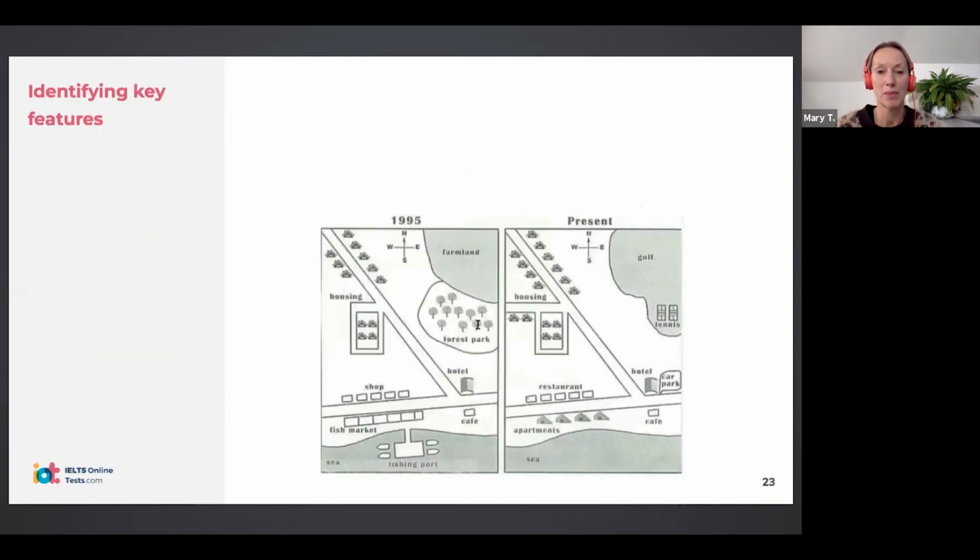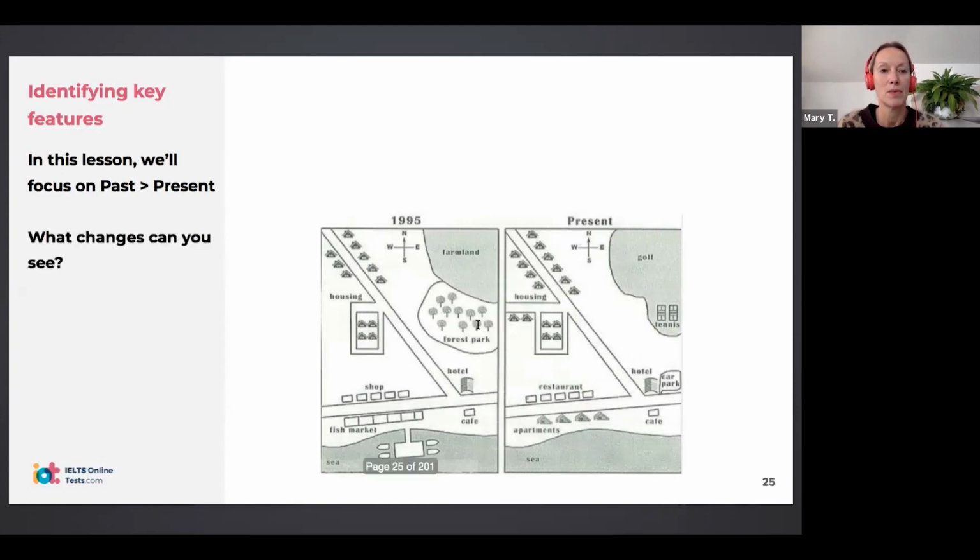Okay, so going back to the map for today, identifying key features. So as I said before, in this lesson, we'll focus on past to present. Okay, they're the two tenses that you need to consider. What changes can you see? So what changes can you see between then and now?